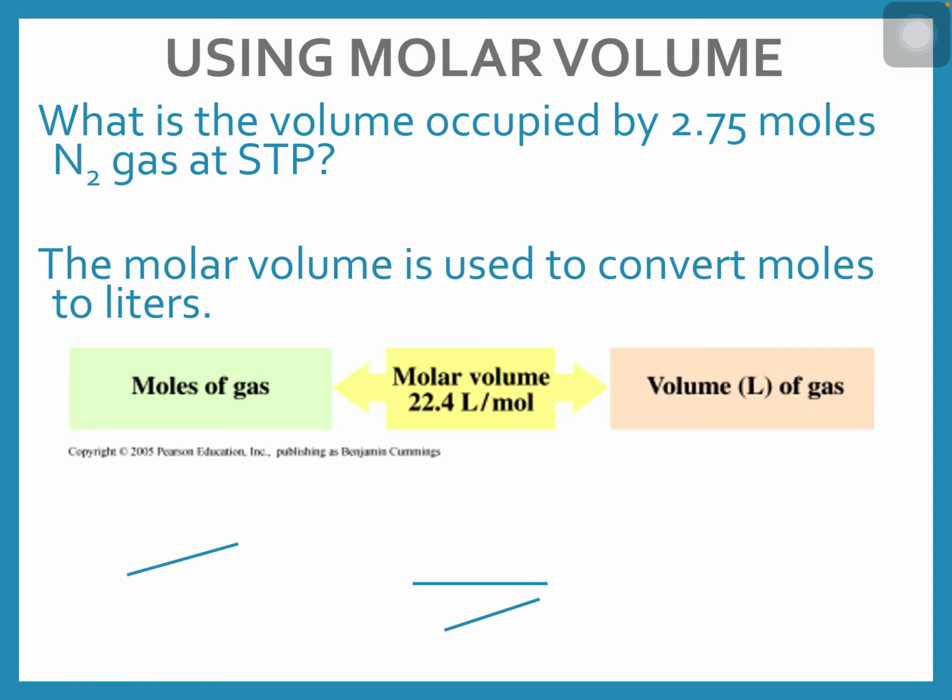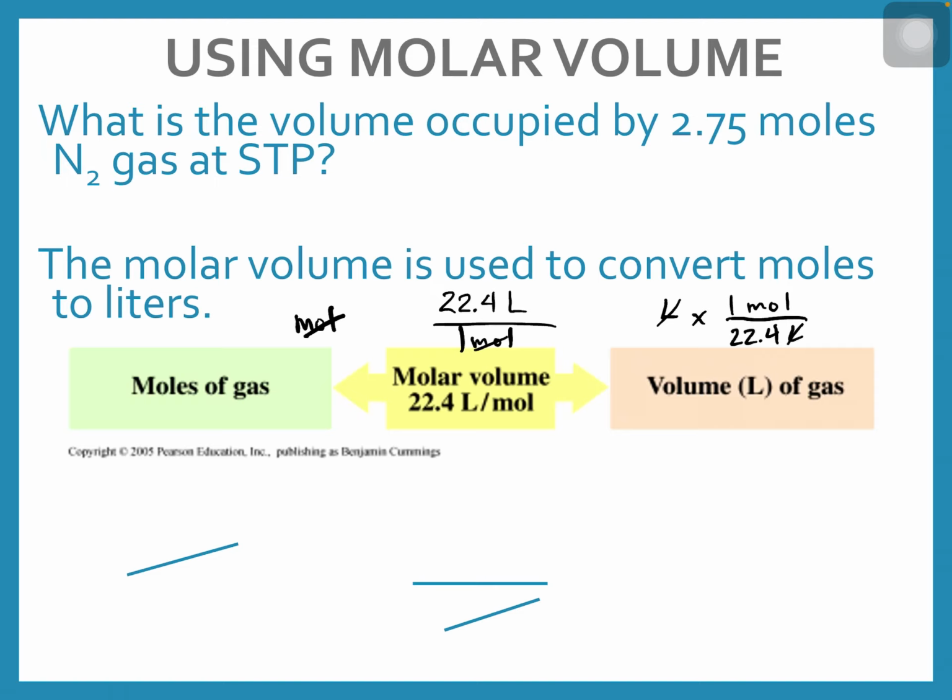So if I have my number of moles, then I'm going to multiply by 22.4 liters per 1 mole so that my moles will cancel. If I was moving in the opposite direction and I had my volume, then I would multiply by 1 mole per 22.4 liters, which would cancel out my liters and give me my amount in moles.